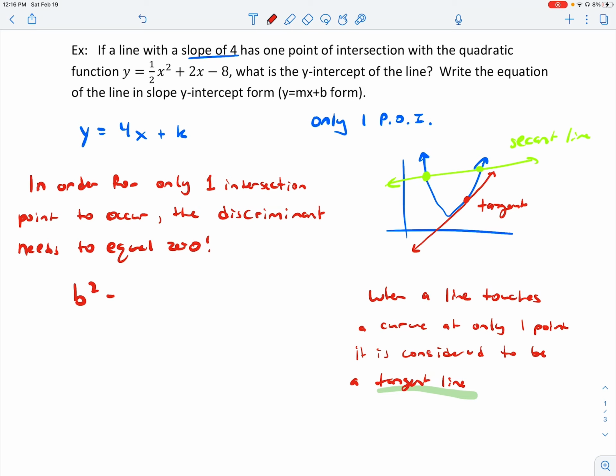This means that b squared minus 4ac must equal 0. This is the criteria for only one solution.